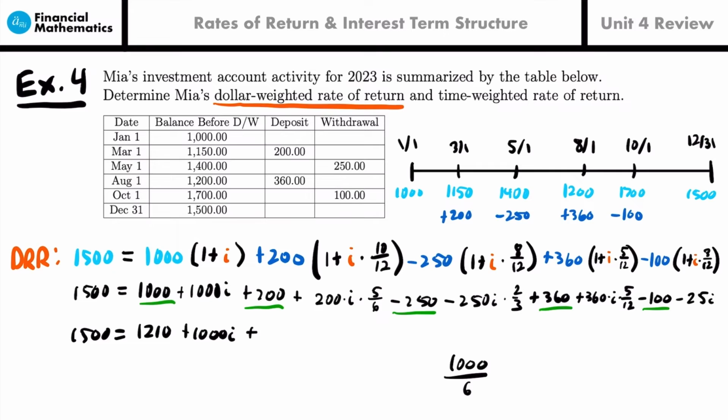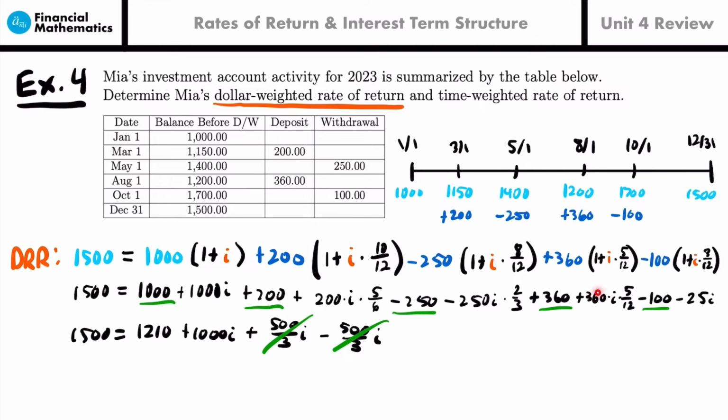So really we have plus 500 divided by 3 times I, or 500 thirds times I. Then let's move on to this term. We have negative 250I times 2 thirds. 250 times 2 is 500, so we have minus 500 divided by 3 times I. And would you look at that, that's kind of nice. These two terms are going to cancel out. We have positive 500 thirds times I and negative 500 thirds times I. So really, we can just cross those out right now.